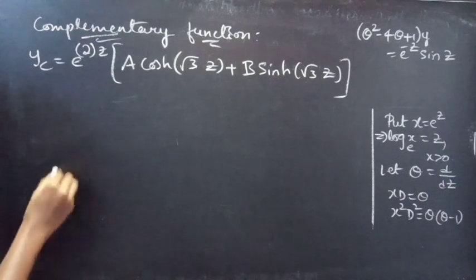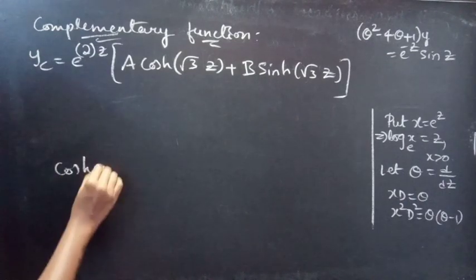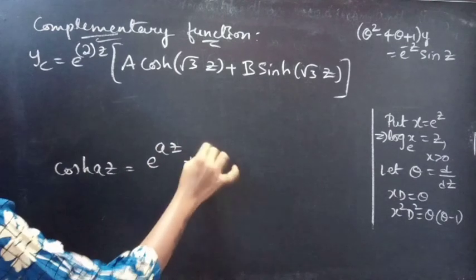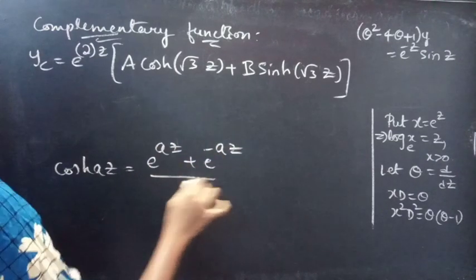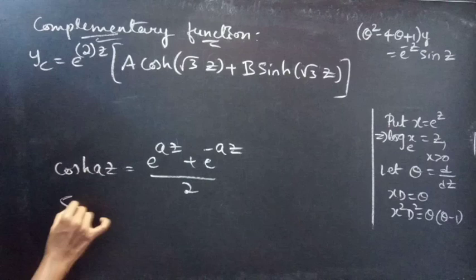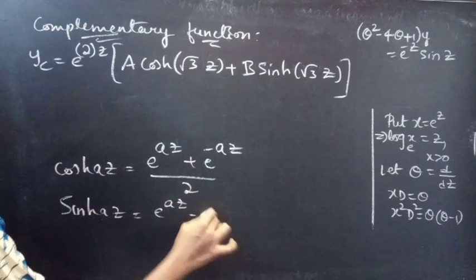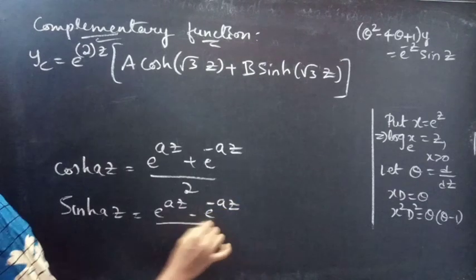We know that cos h az equals e power az plus e power minus az by 2, and sine h az equals e power az minus e power minus az by 2, right?